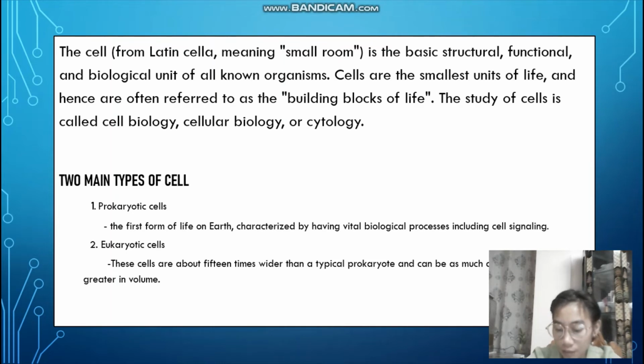The most important among these is the cell nucleus, an organelle that houses the cell's DNA. Therefore, this nucleus gives the eukaryote its name, which means true kernel or nucleus.